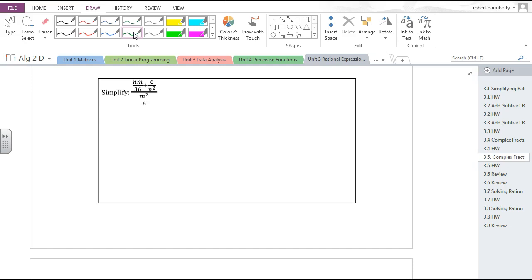So, if you look at this, what is the common denominator? Yep, so it's going to be 36n squared. Okay, so that is the entire top of the fraction, okay?